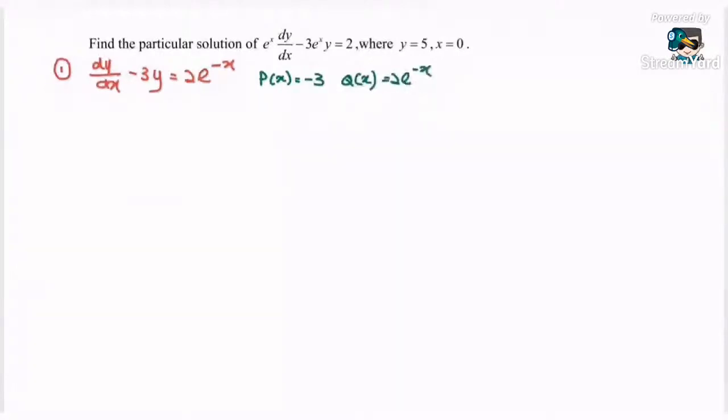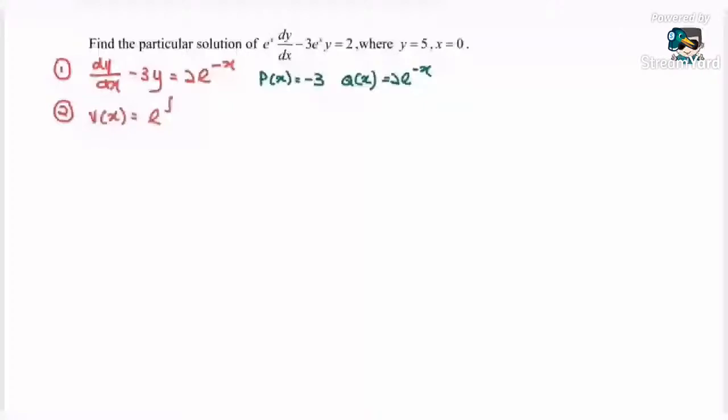Step number 2, find the integrating factor where we have V(x) is equals to e to the power of integrate negative 3 dx. So the integrating factor will be e to the power of negative 3x.